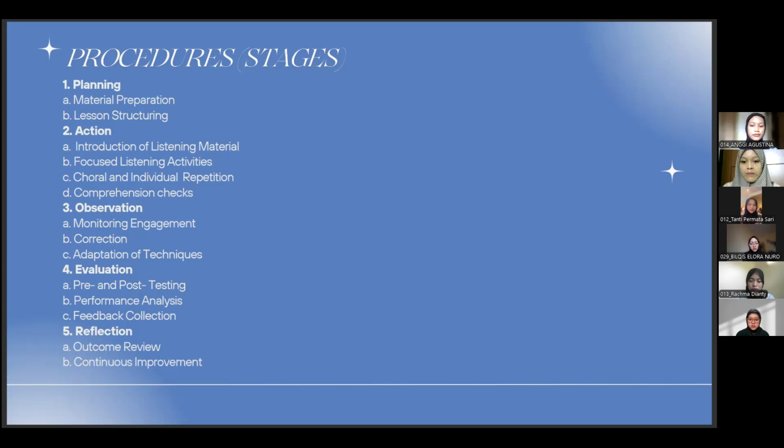Conduct pre and post tests to gauge improvement in listening skills, analyze results, and collect student feedback on the effectiveness of the approach. And the last is reflection. There are outcome review and continuous improvement. Review outcomes to identify effective strategies and areas for improvement, using this insight to refine future lessons and enhance learning. So the next material will be presented by Tanti.